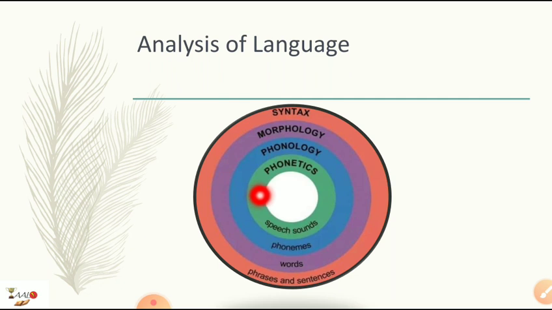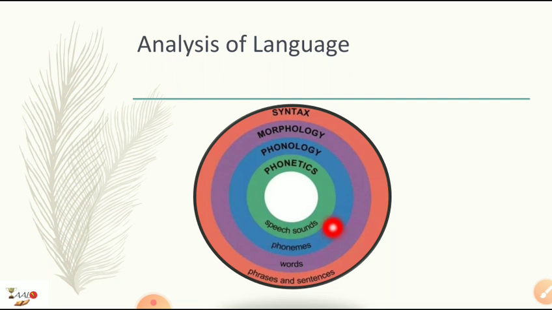So they focused mainly on phonology, morphology, and syntax, that is, at the level of phonemes, not speech sounds. You can omit phonetics in this part. They focused mainly on phonology, which is phonemes.